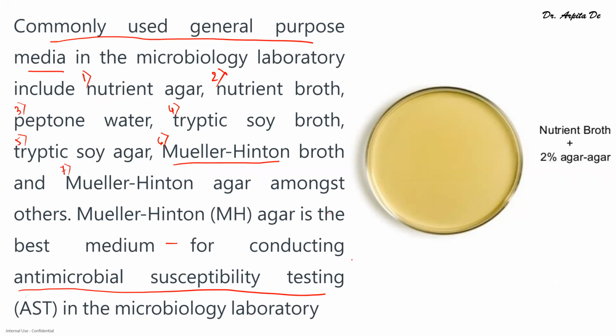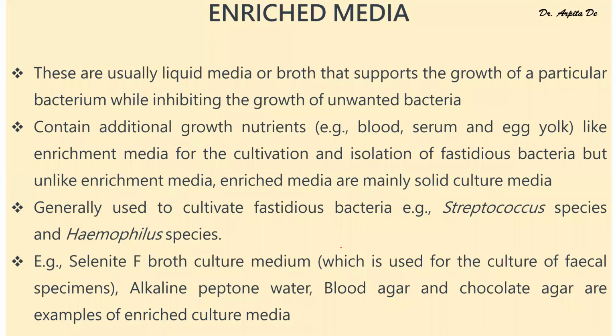Fine. Now we'll talk about enrichment media. These are usually liquid media or broth that supports the growth of a particular bacterium while inhibiting the growth of unwanted bacteria. Suppose you are trying to culture a particular type of bacteria. You take a sample of water or a sample of soil.